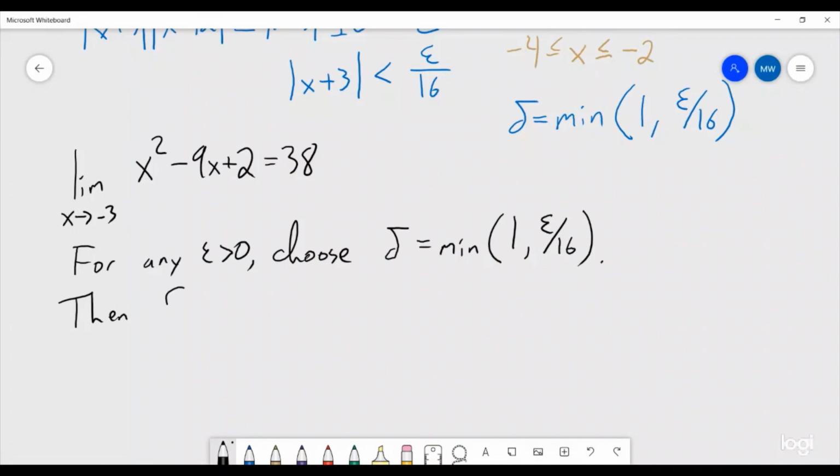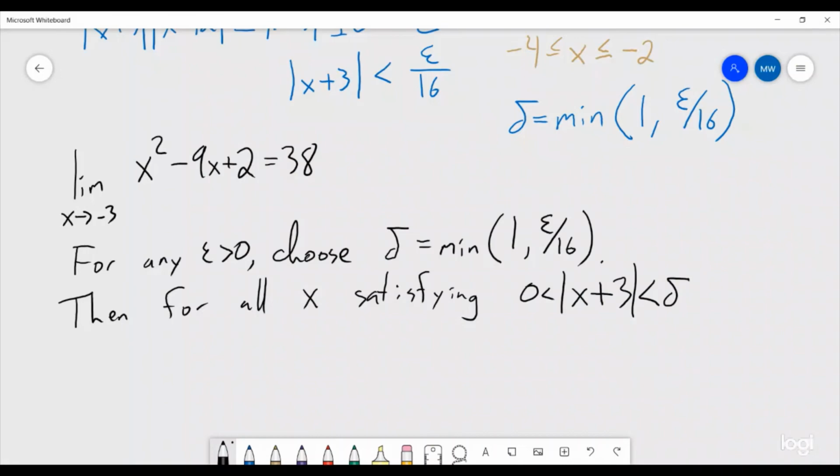Then for all x satisfying 0 less than the absolute value of x minus -3 less than delta, equaling the minimum of 1 and epsilon over 16, we can then conclude that x plus 3 is less than epsilon over 16.